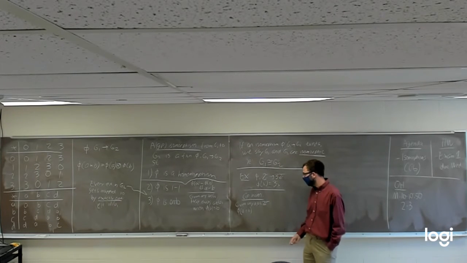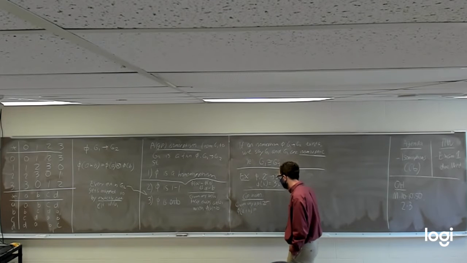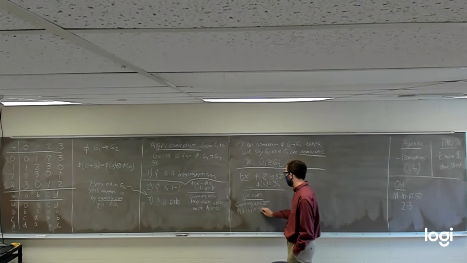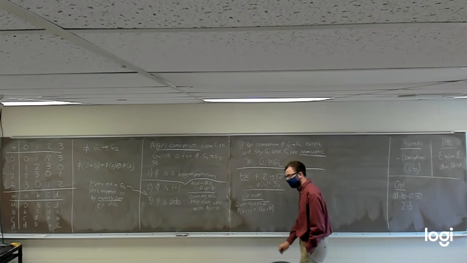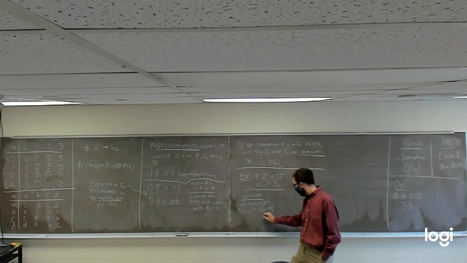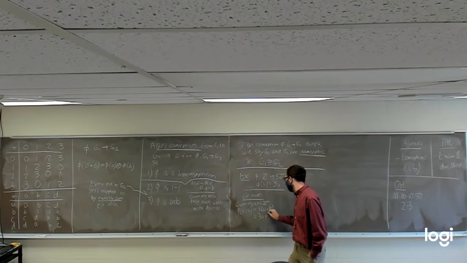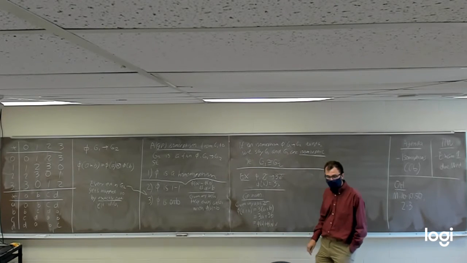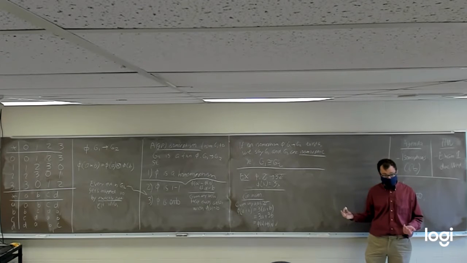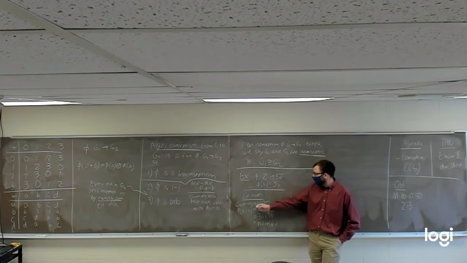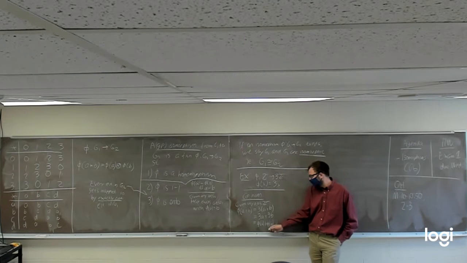So if we take phi of A plus B, by definition, that's going to be 3 times the quantity A plus B, which in turn is just 3A plus 3B, which is equal to phi of A plus phi of B. So we have a group homomorphism, where if we add in the integers and then apply phi, we get the same thing as if we took phi of A and phi of B separately and then added them in the group 3Z.